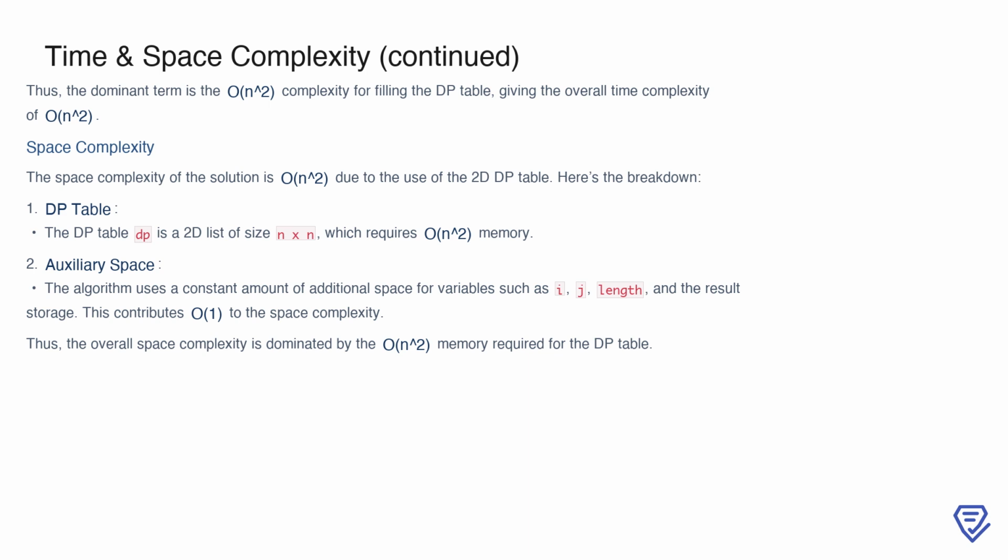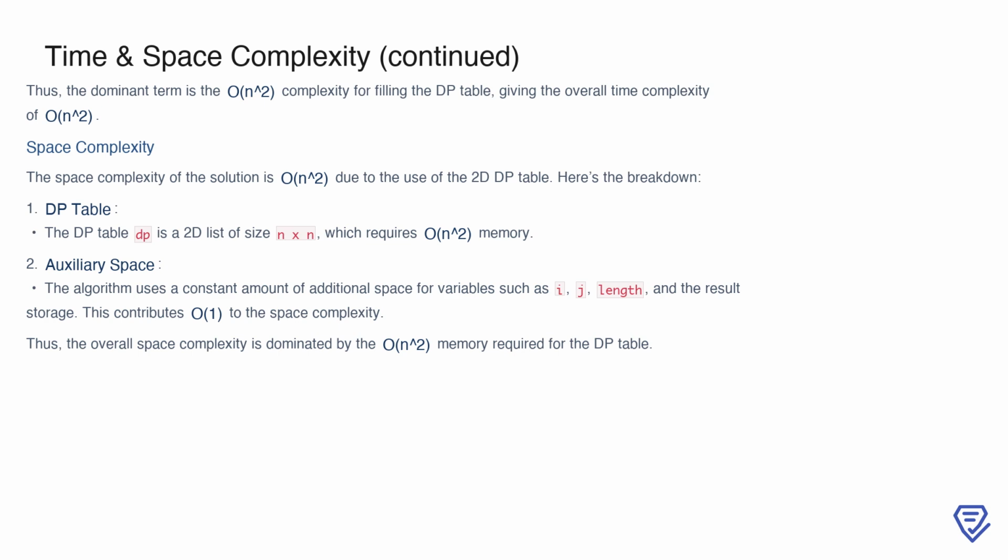Since O(n squared) dominates O(1), the overall space complexity is O(n squared). This is an acceptable trade-off, as the algorithm optimizes runtime performance by pre-computing results and storing them in the dp table. While this approach is more memory-intensive than a naive solution without memoization, it's far more efficient in terms of execution time.